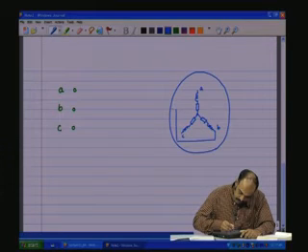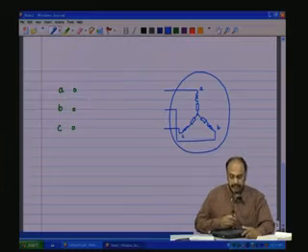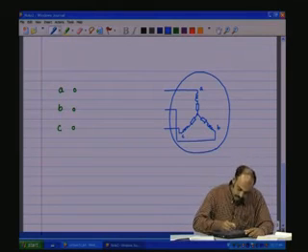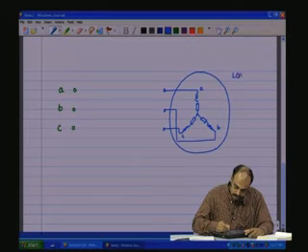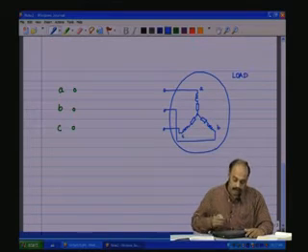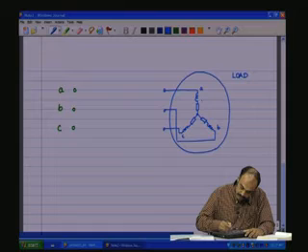So, we have the B phase terminal, the A phase terminal and then the C phase terminal, isn't it? So, this is an RL load. Okay, let us say they are all balanced.